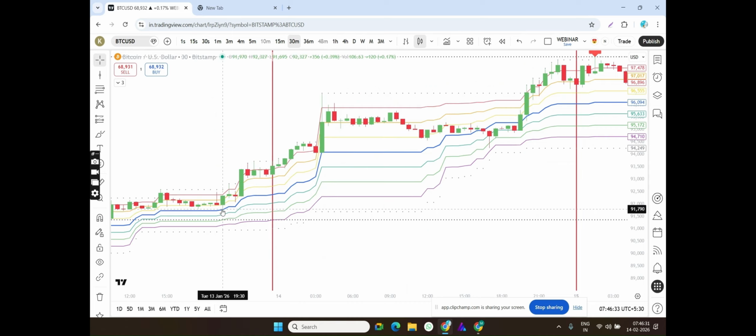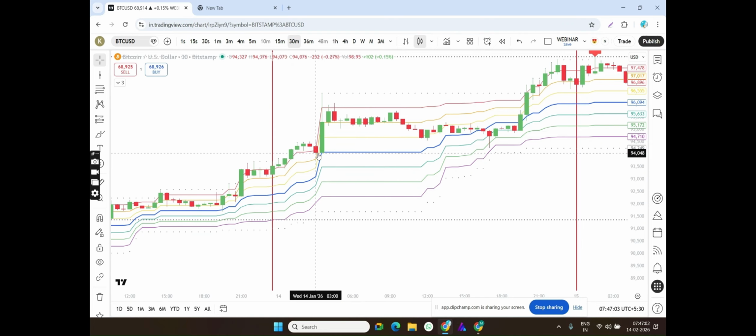The first line will be your aggressive traders' buying line, and this will be the exact. If you want to play safe and only use the blue line, which is the main trend indicator, then you can buy here at the touch of the blue line and exit at the first line from the top.